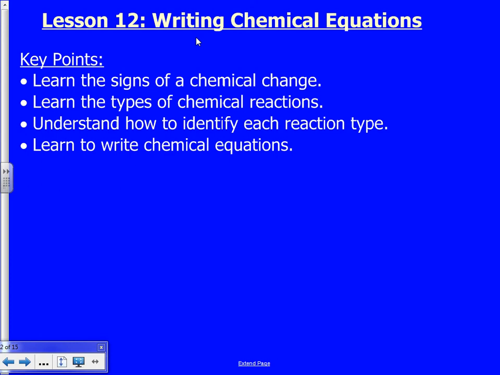Now, we also have to go back to Dalton's atomic theory. When I say I make something new in a reaction, that's true to an extent. Do I still have the same elements that I started with? Yes, I do. They're just in different combinations.